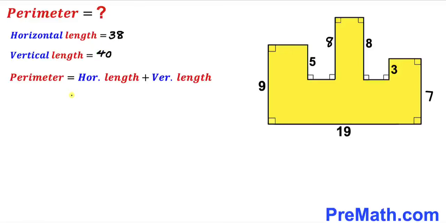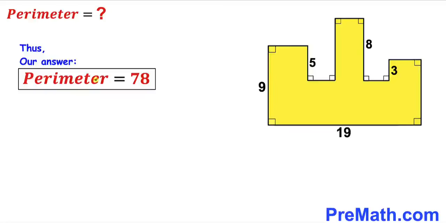So the perimeter is simply 38 plus 40, which gives us 78 units. Thus the perimeter of this given polygon turns out to be 78 units, and that's our final answer.